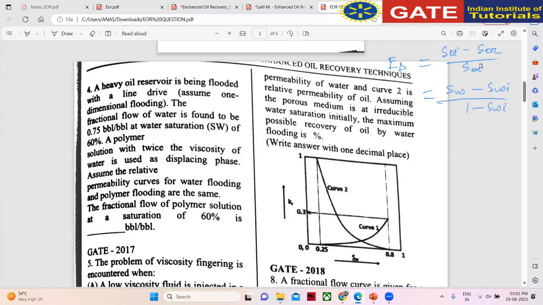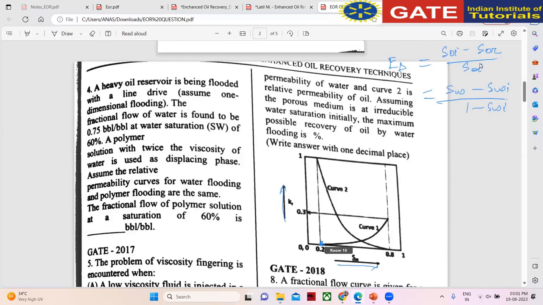How to read the permeability curve? The saturation increases on the x-axis and the permeability increases on the y-axis. Curve 1 represents the permeability of water and curve 2 represents the permeability of oil. Your permeability curve of water starts from 0.25.